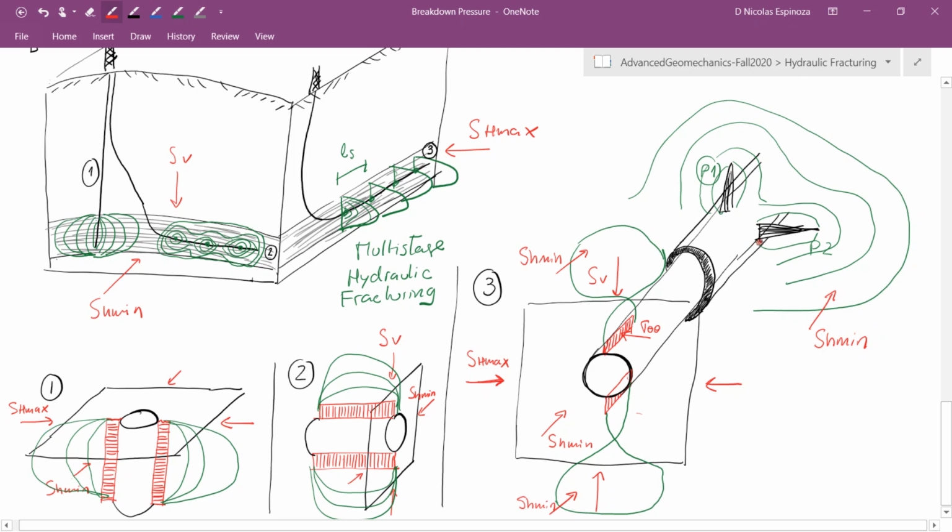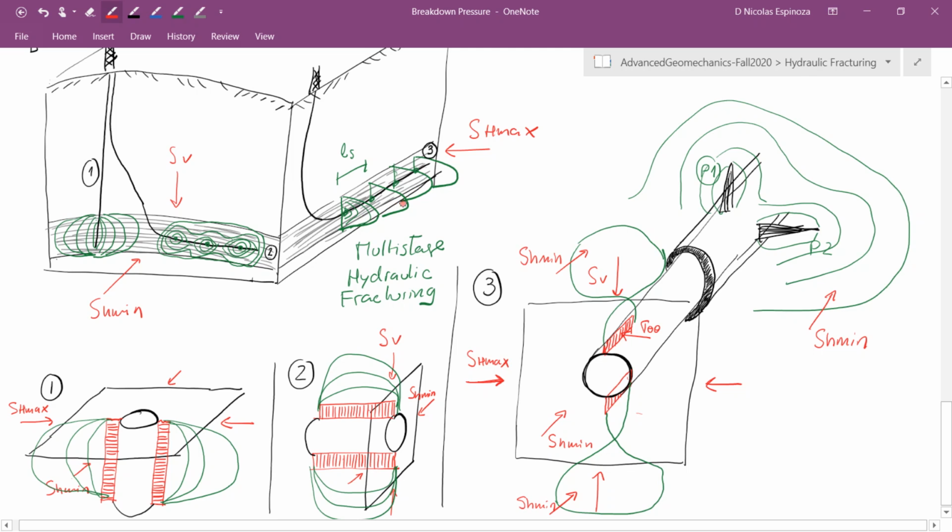And if we take now this wellbore with perforations to this case over here, what I would see is that if I have several stages, those stages with fractures grown from these perforations, it would be preferable to have all these fractures independent, starting and growing perpendicular to SH min, so that I can have as many fractures as possible in order to increase the surface area in contact with the wellbore.